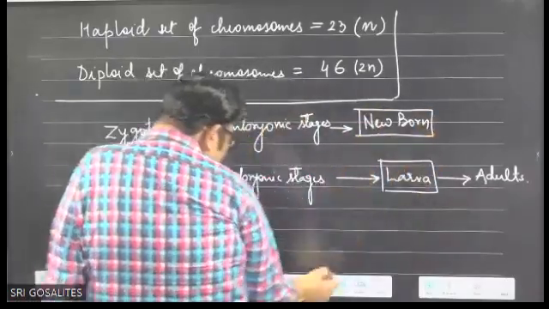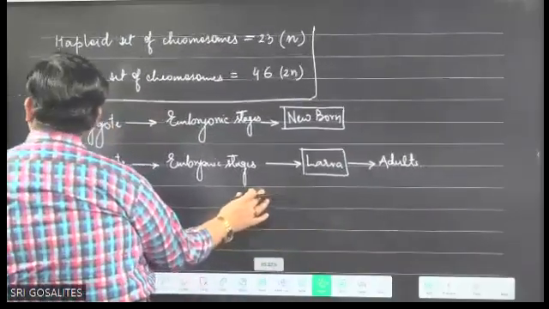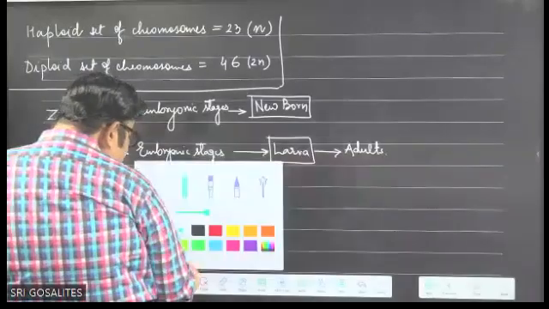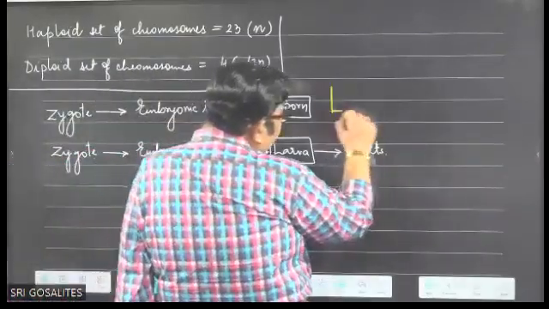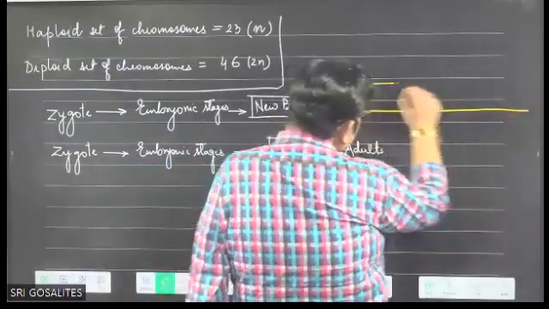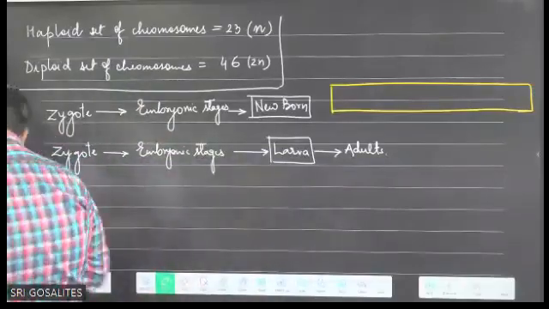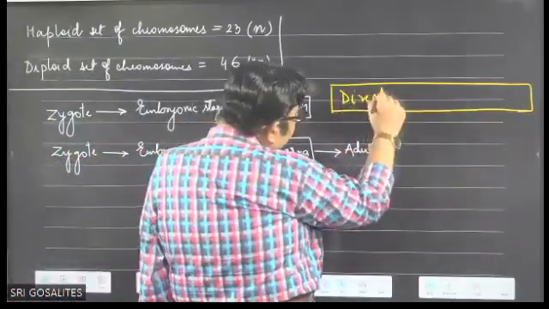This type of development is known as direct development. But when you have a larval stage, just learn this new term, we call that type of development indirect development. So in the first case, there is a direct development.